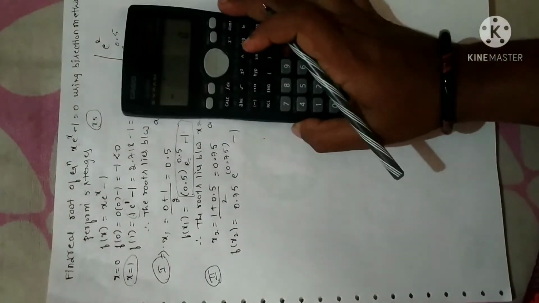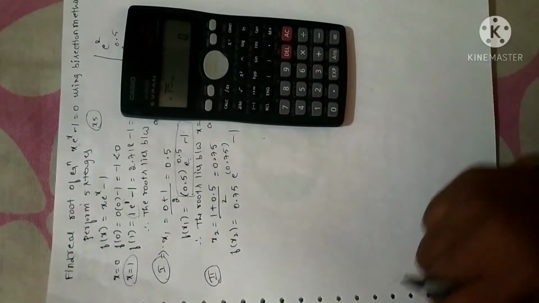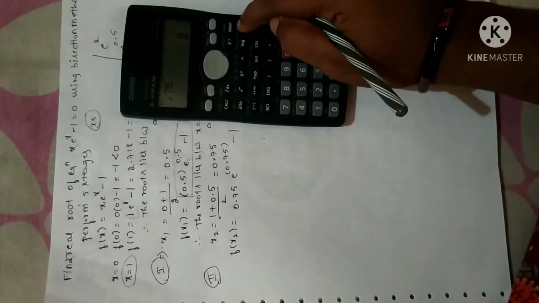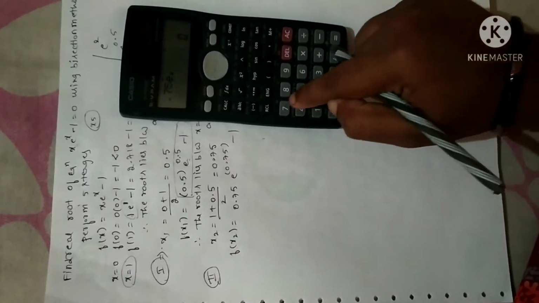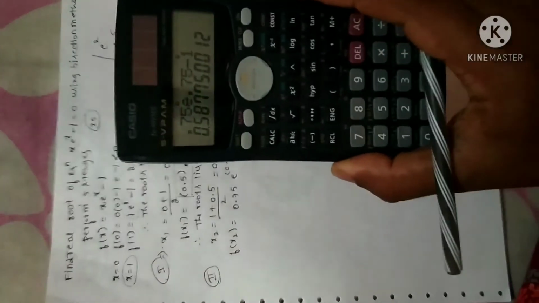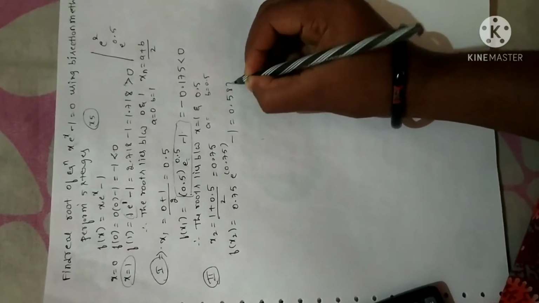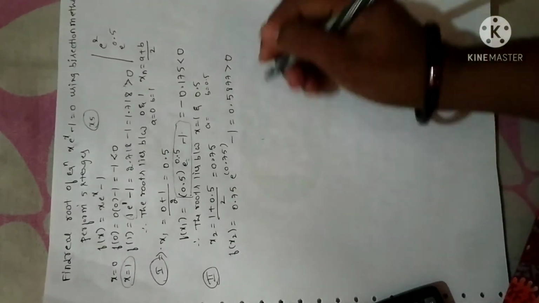Again the calculation, see carefully. First press 0.75, next shift button, ln button, 0.75 minus 1. That will give us 0.5877. Anyhow it is greater than 0, a positive value, right?